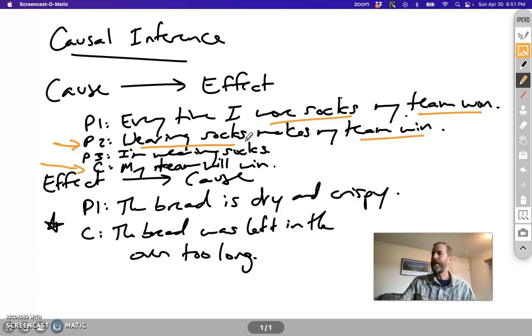So this would be an example of a weak causal argument, a false cause fallacy. And it illustrates, I think, as well, the inductive nature of the conclusion. We might be wrong about the causal relationship between things that we assume in our premises.